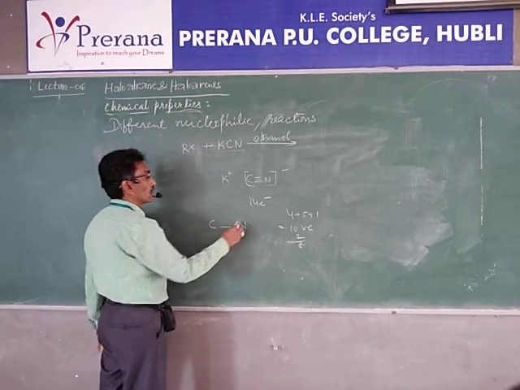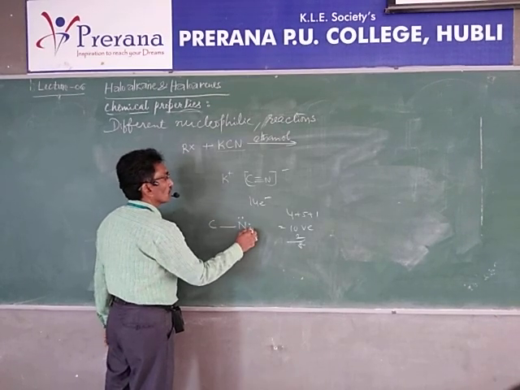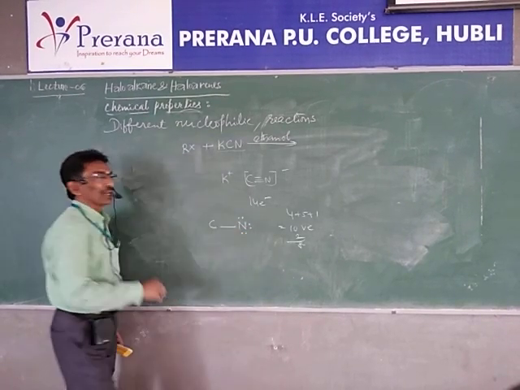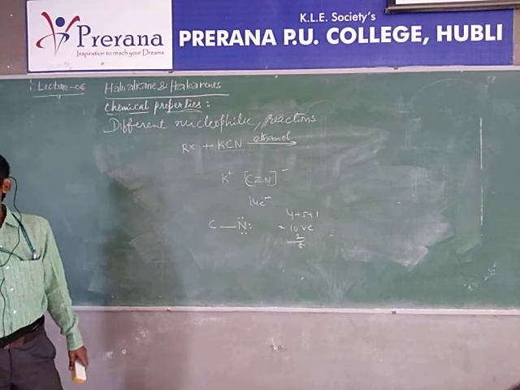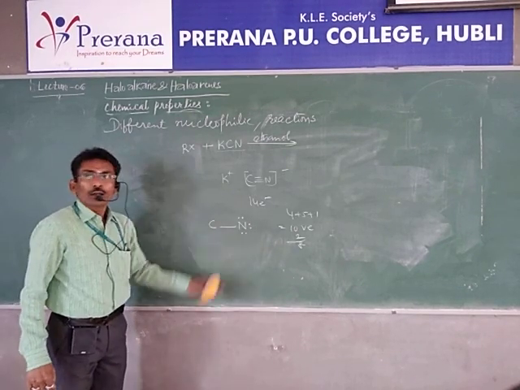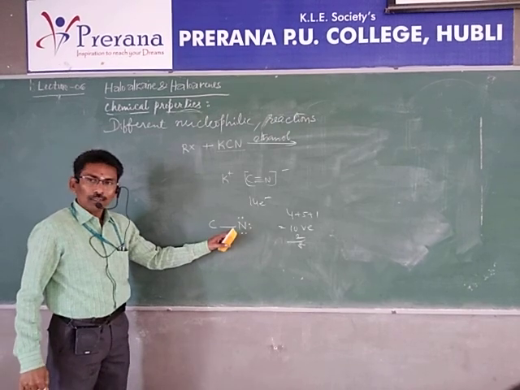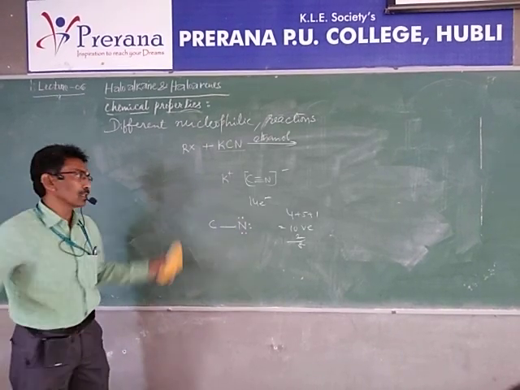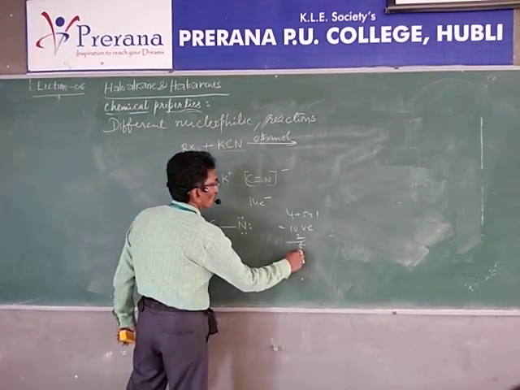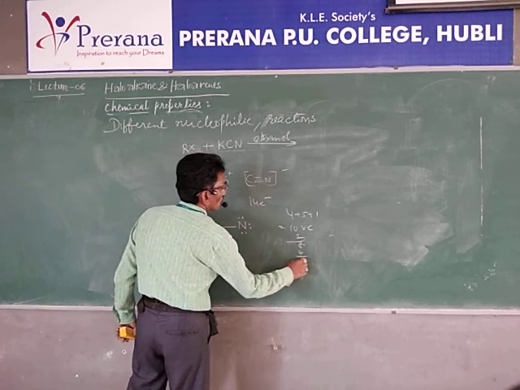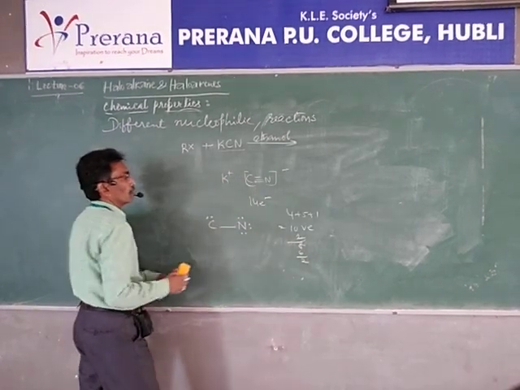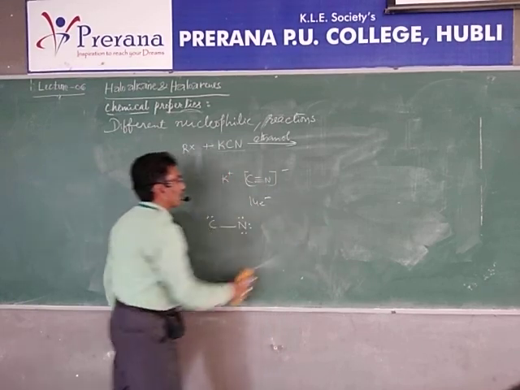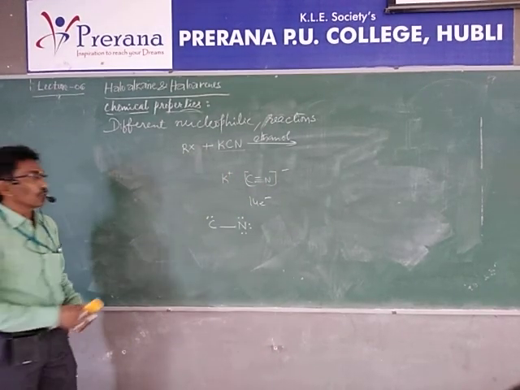Already 2 bonding electrons. 4, 6, 8. So by supplying 6 electrons on the nitrogen atom, nitrogen is satisfied with octet structure. Remaining electrons: 2. That is on carbon, but carbon is not satisfying octet.